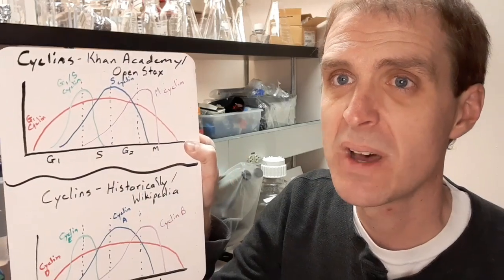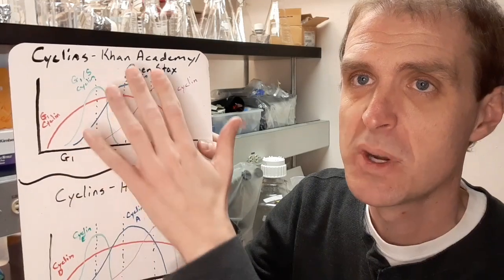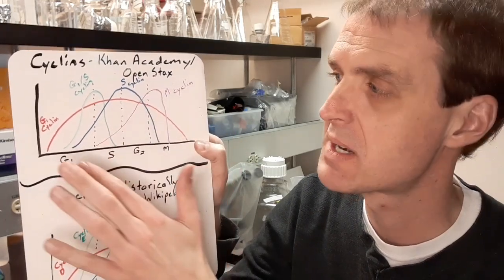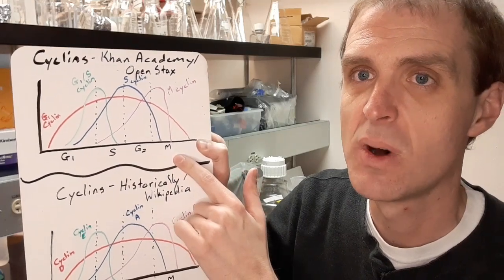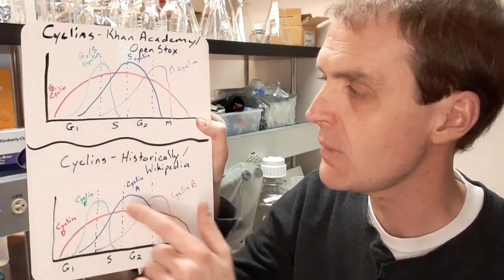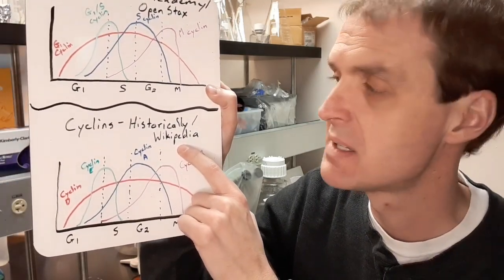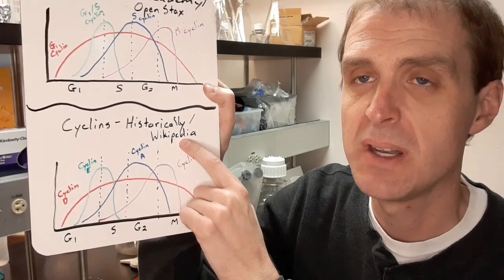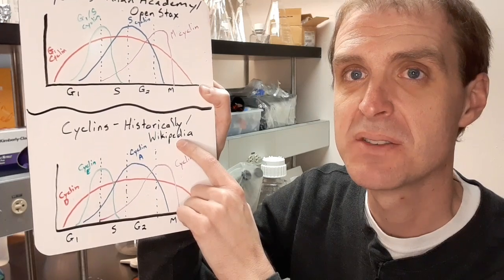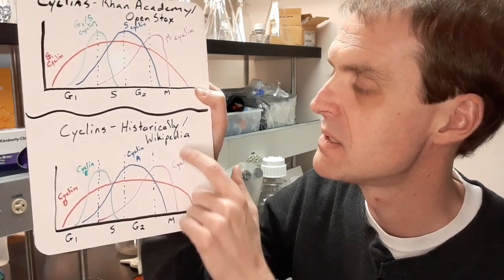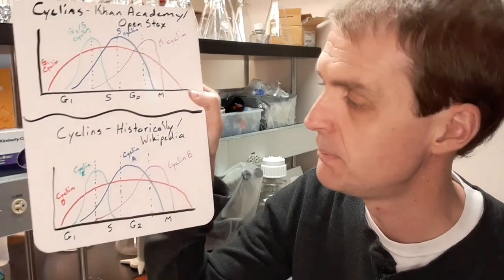These terms, while they make sense and are easier to remember which ones are upregulated at what time, especially if you can remember that the cell cycle goes G1, S, G2, M. Historically, the names of the cyclins have followed more like what the Wikipedia image shows, and we're currently in March 2020 to date this, but currently that's what you'd see if you went to Wikipedia.